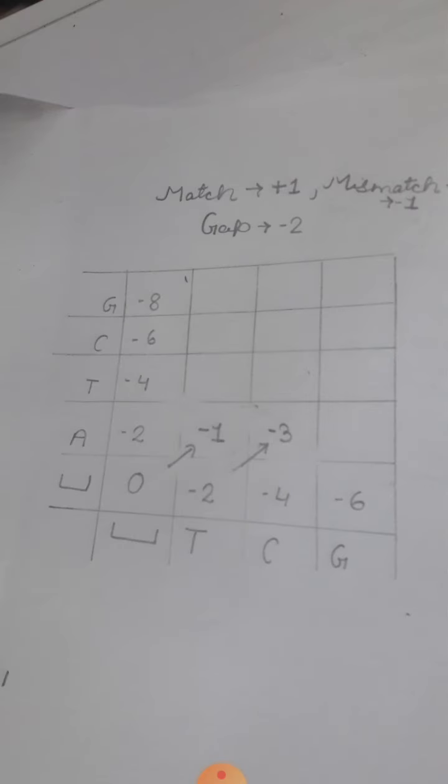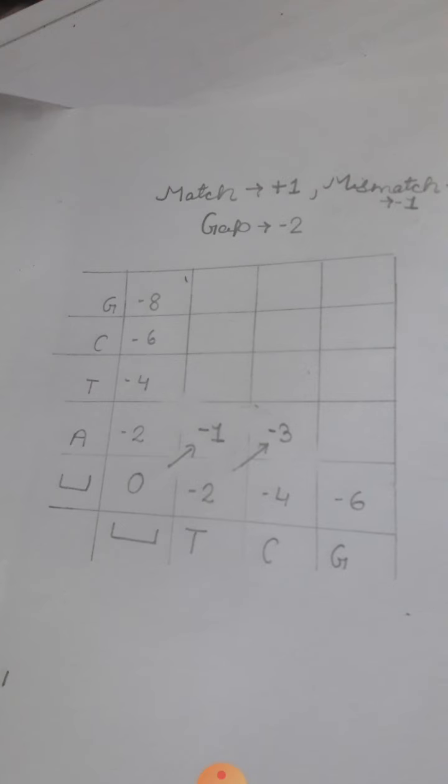So among these three values, the highest value is -3, and it is coming from the diagonal box and the beside box. So we write -3 here and make two arrows, one from diagonal and one from beside. Now in the same manner, fill up every box.